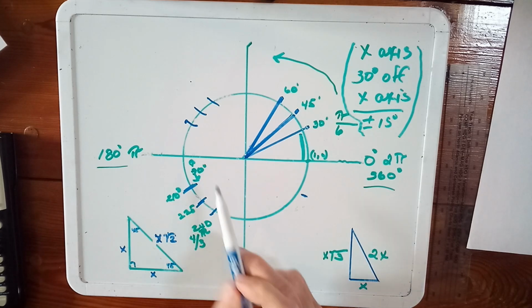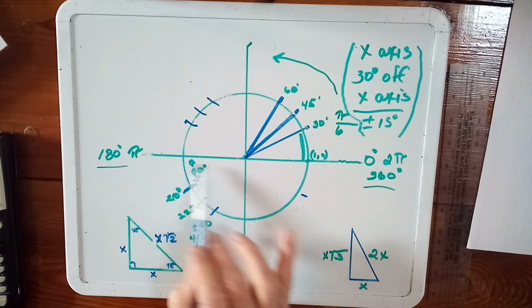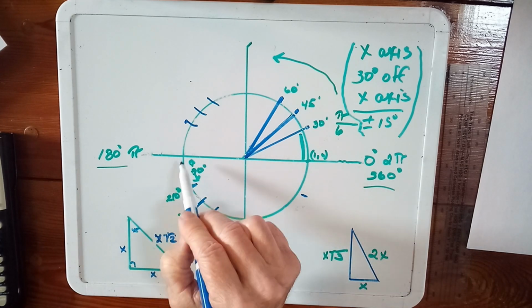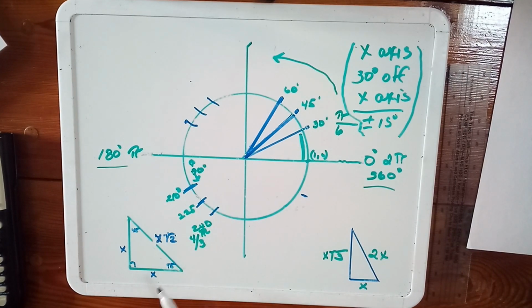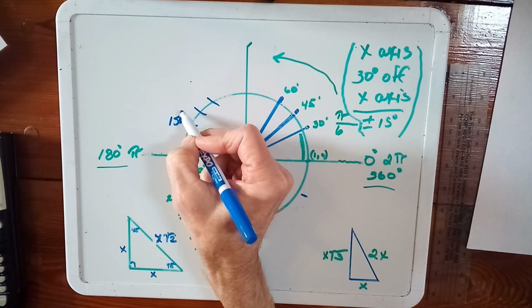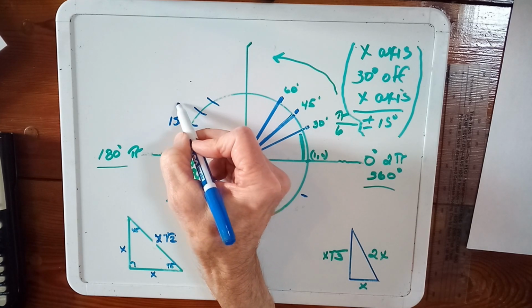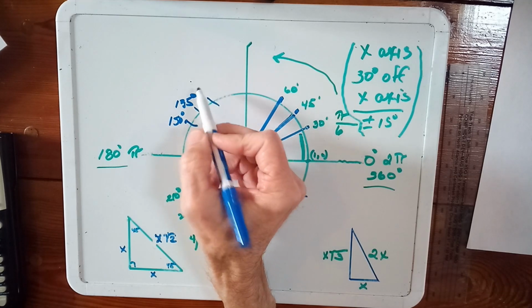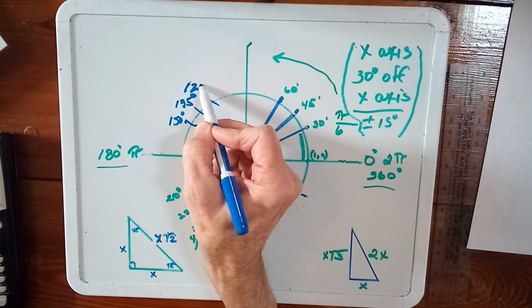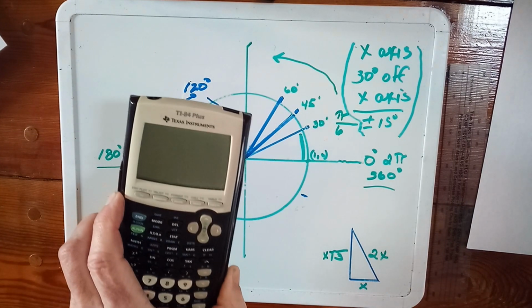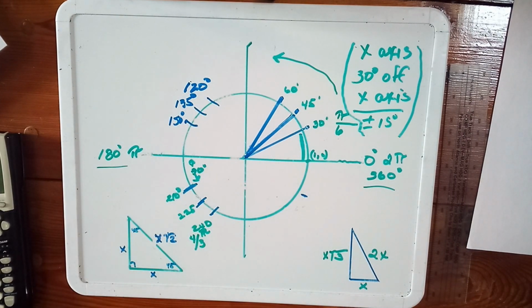So in this case, it would be 180 degrees, minus 30, because we're going the other way now. So then this would be 150, 135, minus 15, and this would be 120. And to get the radian equivalent, right there, magic box, will give it to you every time.